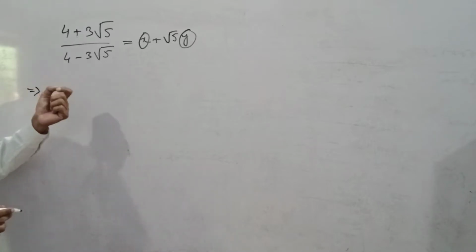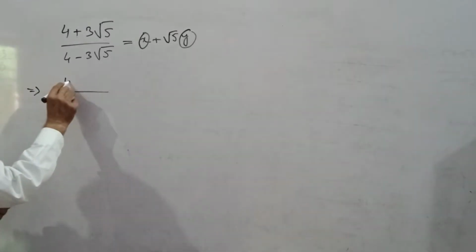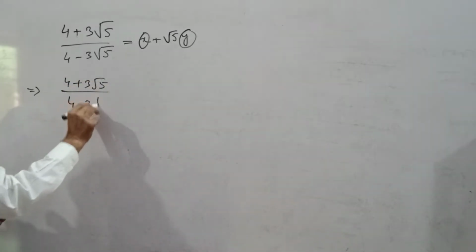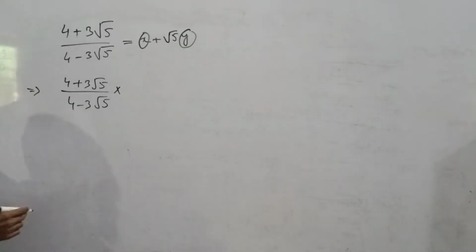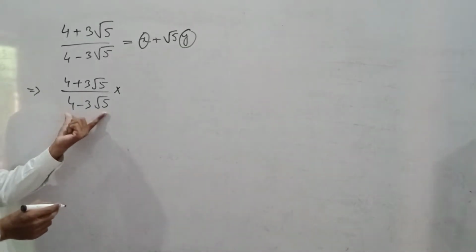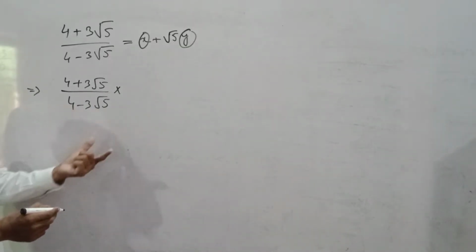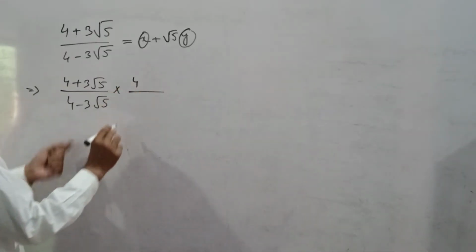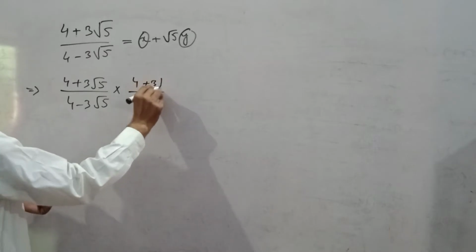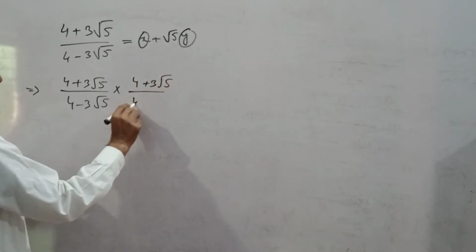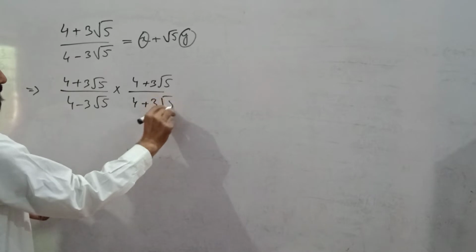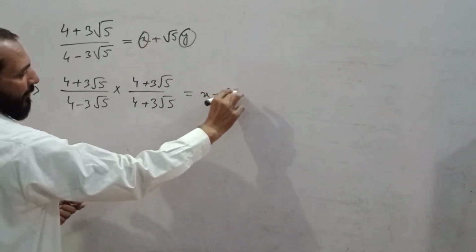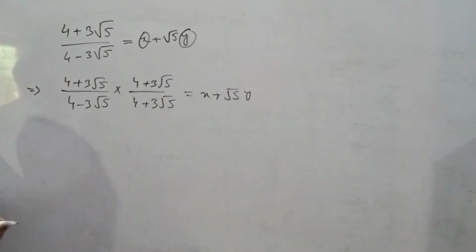Now we have to take the first step. 4 negative 3 root 5. We take this expression and simplify it using the conjugate. The sign will be changed when we rationalize these functions, and we can write the other values similarly.